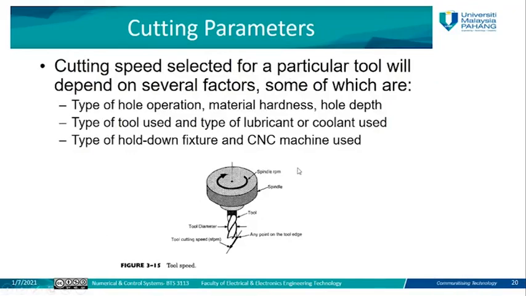Another cutting parameter is the cutting speed selected for particular tools. Cutting speed is not fixed. It can be changed based on the tools, since it totally depends on the tool diameter and some other factors, like the type of the hole operation, the type of tool used, and also the type of hold down fixture of the CNC machine.